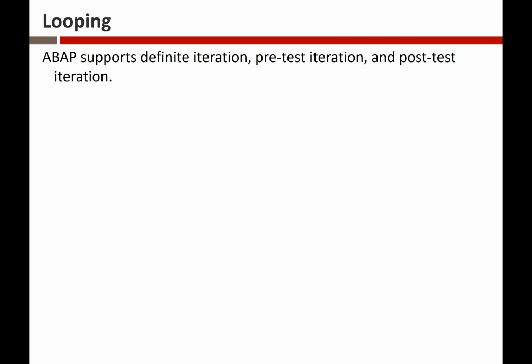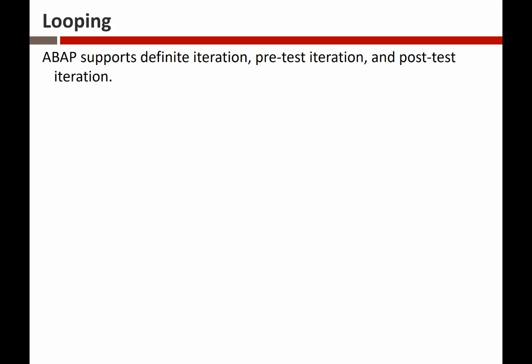There are a variety of different kinds of looping structures that are supported in programming languages. I don't know if this is something you've talked about in other programming classes or not, so let's talk about it just for a second here. There are 3 different kinds of loops in general in programming. You have what's called definite iteration.